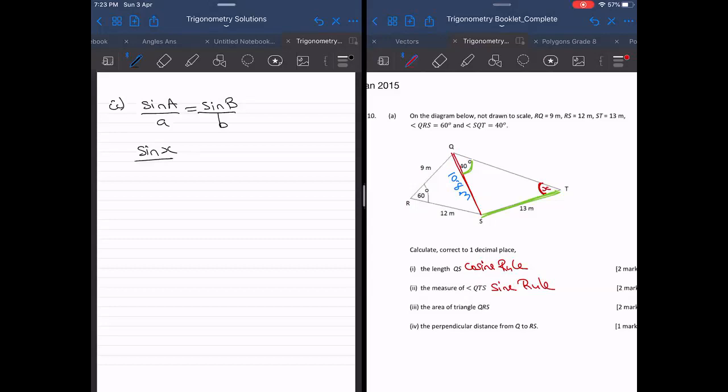So it's going to be sine x over 10.8 is equal to sine 40 over 13.